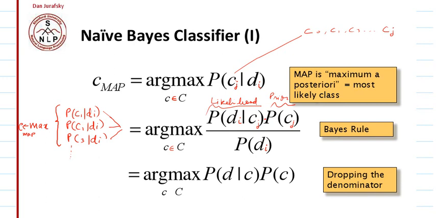We can ignore this denominator, and the final formula for maximizing this probability, in order to find the class value that maximizes it, is only the numerator part, p of d given cj dot p of cj, right? We can leave out the denominator because it does not make any difference between these different probabilities, as p of di remains the same for all of these.